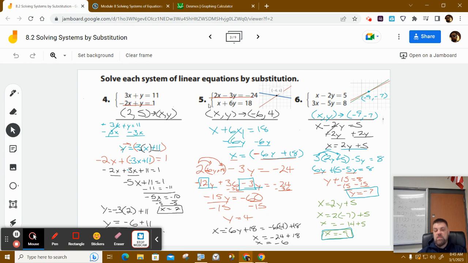So like on problem number 5, we solve for x. Well, we're assuming that x value is the same x value for both equations. So we take this and we plug it into the other equation. And when we plug it into the other equation, on this line, I have y's and numbers.